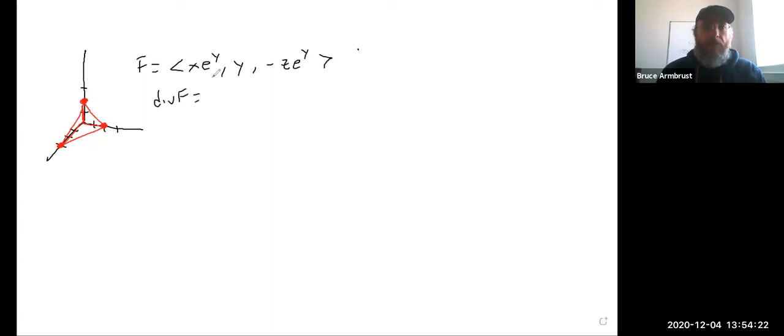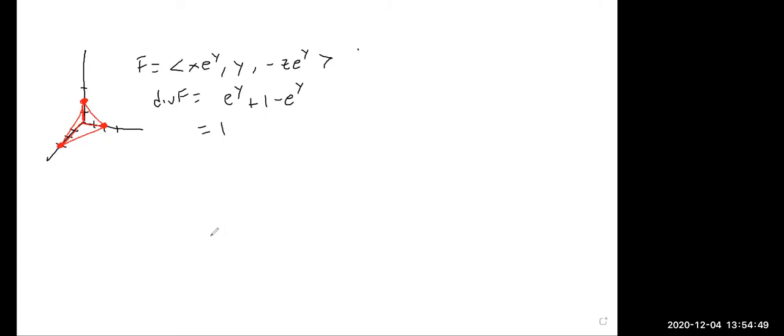So the divergence of F is going to be e to the y plus 1 minus e to the y. Oops, I should not have put a bracket there because divergence is a scalar. And if we add those all together, that equals 1.